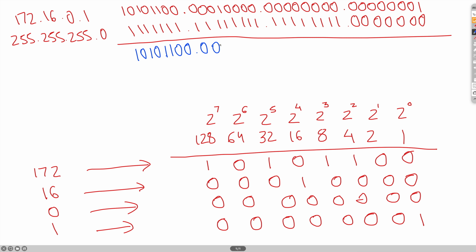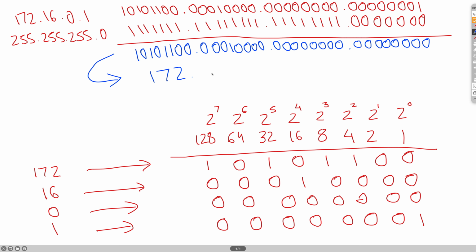Then we get 0 0 0 1 0 0 0 0, then a bunch of zeros in the third octet. So what this gives us, if we were to convert this into decimal, is 172.16.0.0.